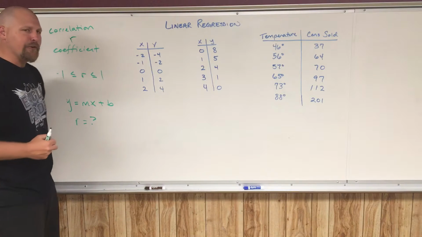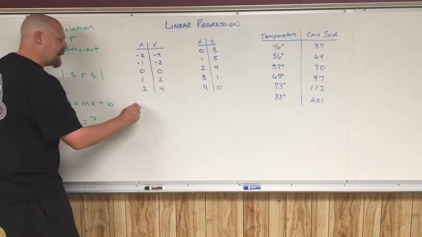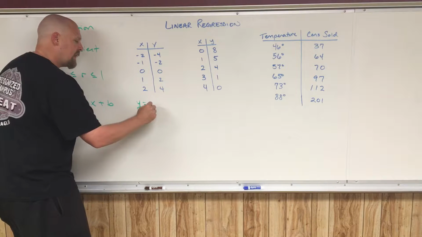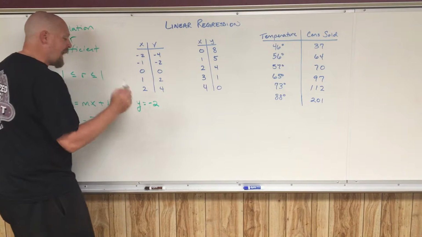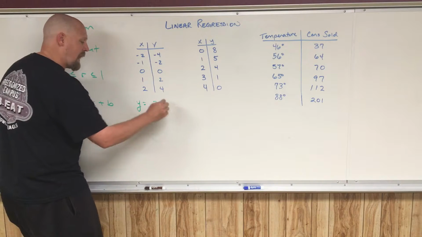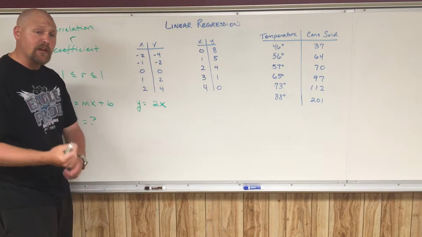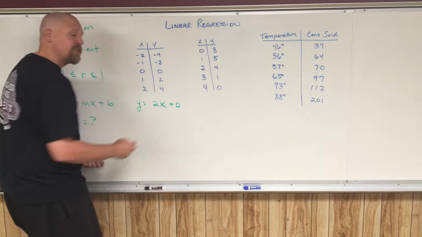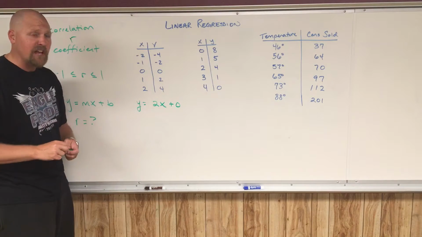So you put this into your calculator, and you're going to get y equals -2x. Actually, it's not going to be negative, and that's my fault. Got a little bit ahead of myself. This is going to be y equals 2x, and b is 0. If you want to put plus 0, you can, but it is unnecessary.